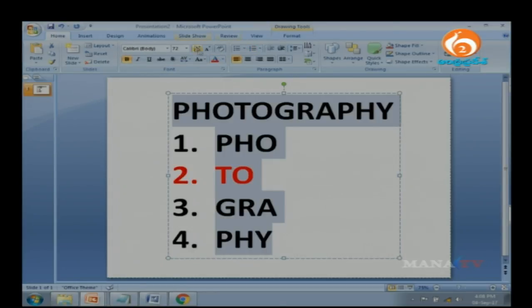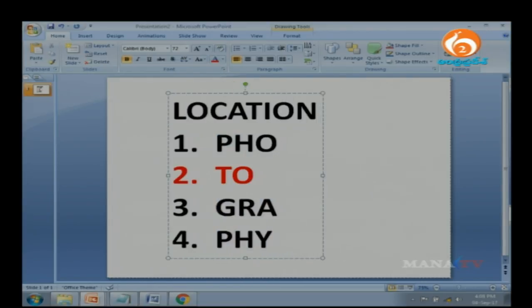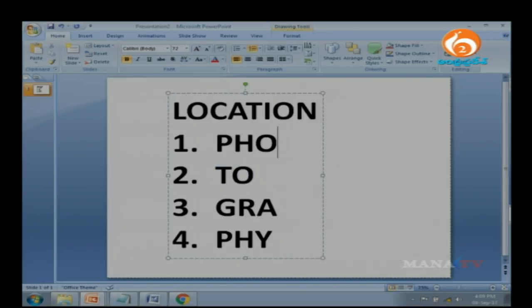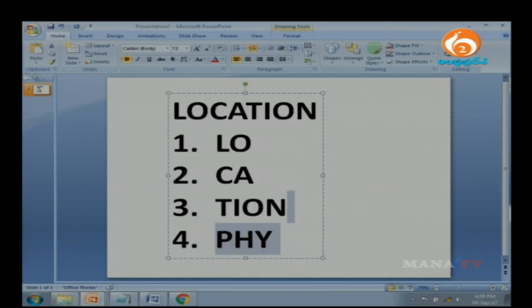If I have a word which is location, the syllables are lo, ca, tion, which means it has only 3 syllables, and I will stress on the second syllable, which is location.